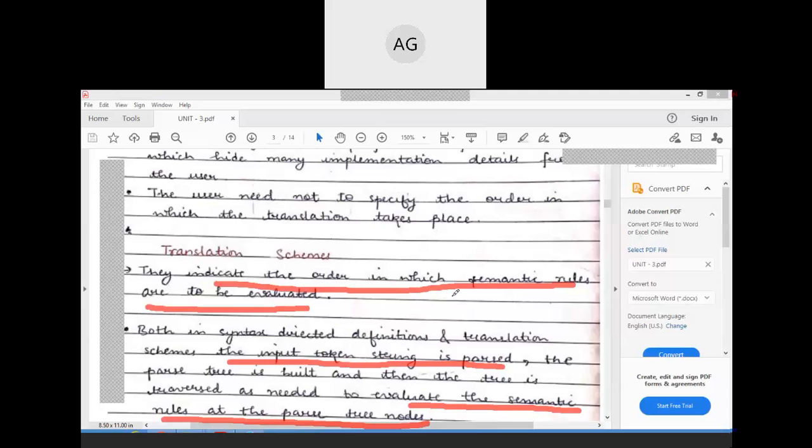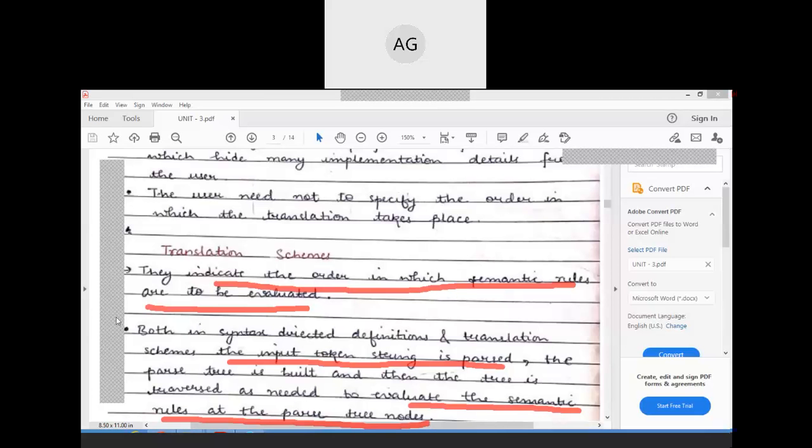So just remember that after the syntax directed definition and the translation scheme, we need to form a parse tree, and in that parse tree we check whether it is semantically correct or not, and if it is not, then we need to fix it semantically.